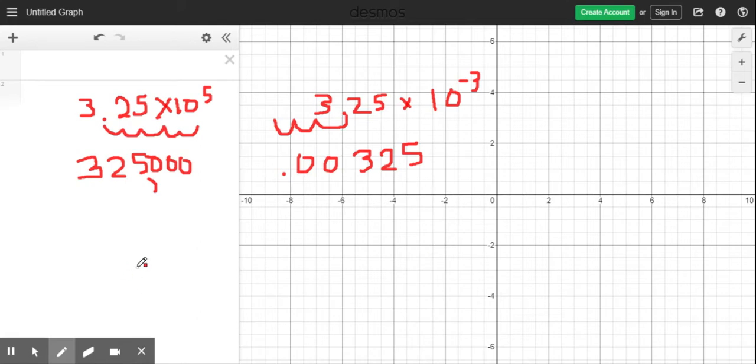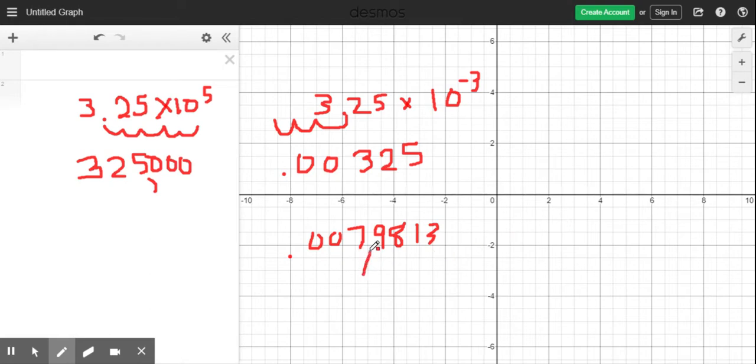Let's say you had 0.0079813. If we needed to put that into scientific notation, first you put in a decimal to make your number between 1 and 10.